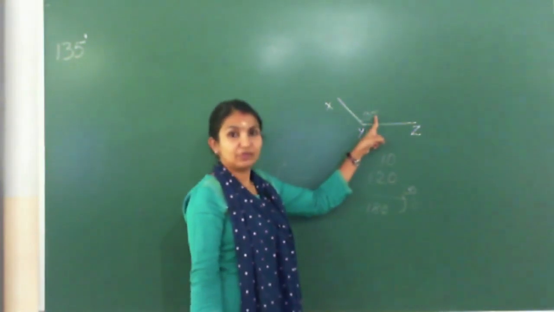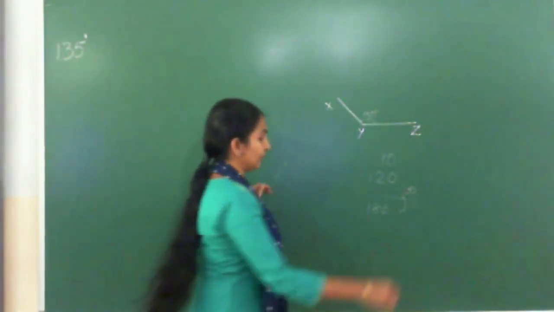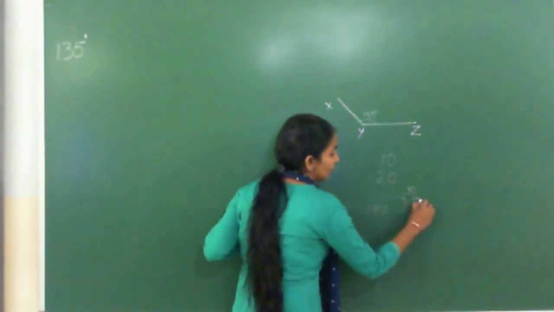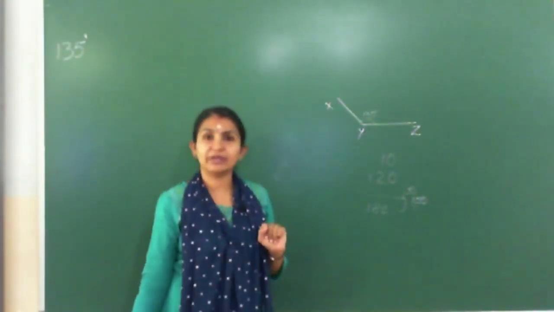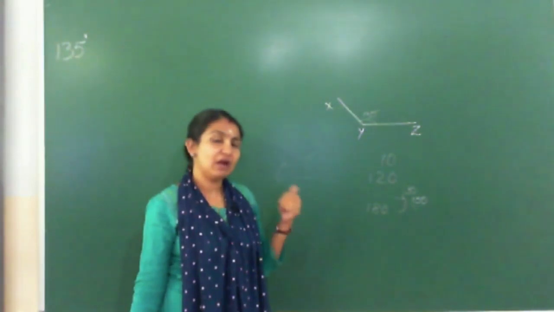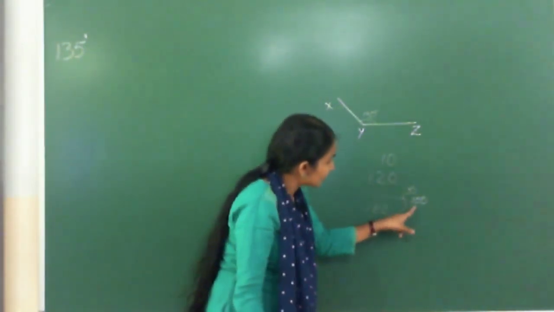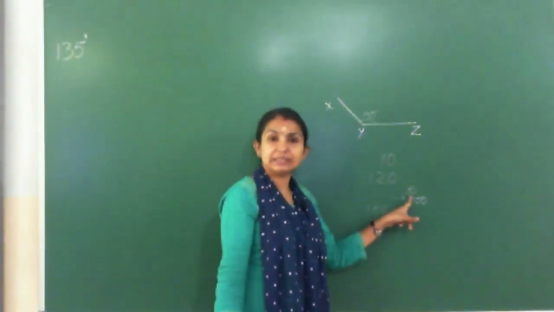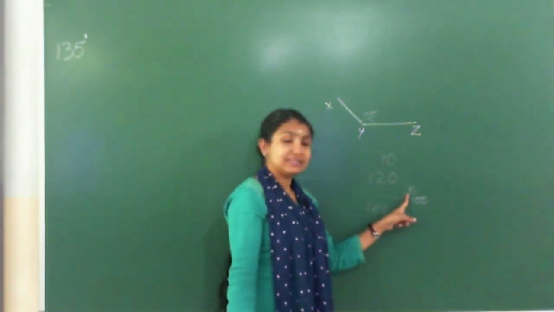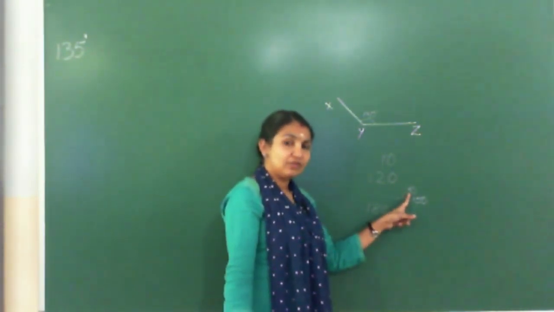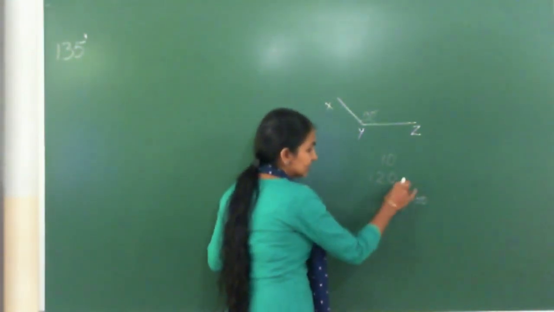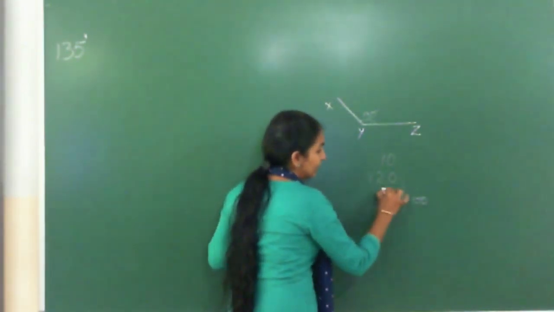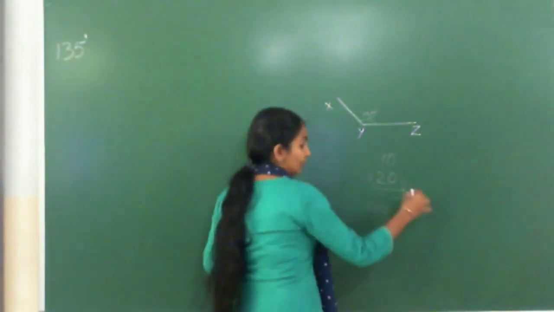We need 135. So how will we get 135? Till this it is 150. Now how will we get 135 degree? Again we have to think about this. 120 and 150, its difference is 30 degree. When we bisect this 30, we will get 15 degree.